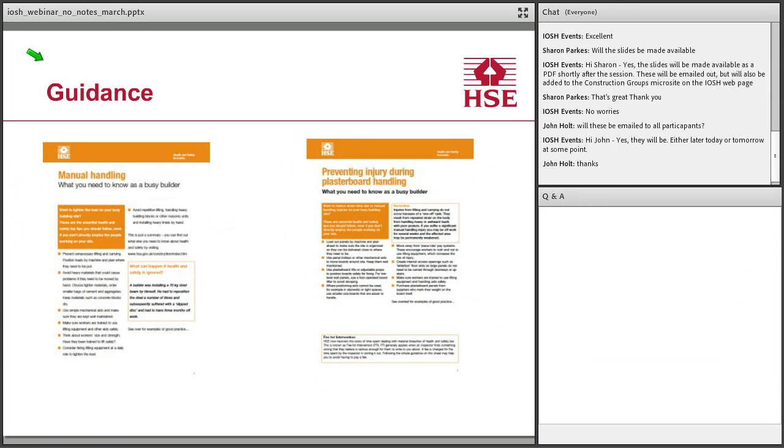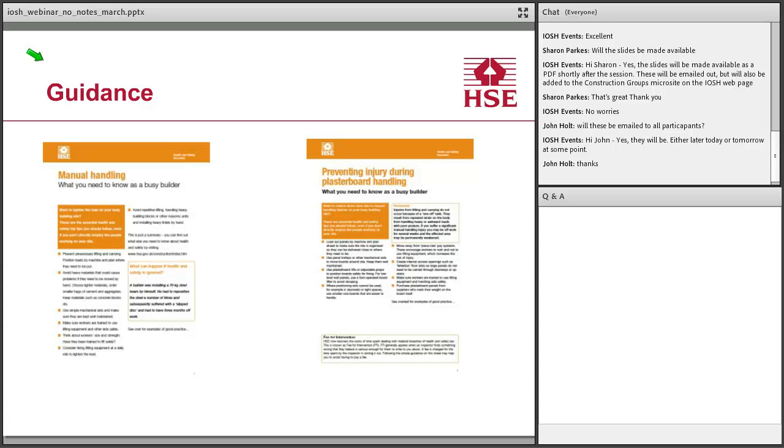HSE also publishes a lot of what's called busy builder sheets. These are 2 pages. These are front pages from 2 different documents, this manual handling and plasterboard handling. And on the back, which is probably what I should have put in, you've got just photographs of what's good practice and what's bad practice. They're designed actually for the smaller builders, what we call the one-man band, what we'd call busy builders.